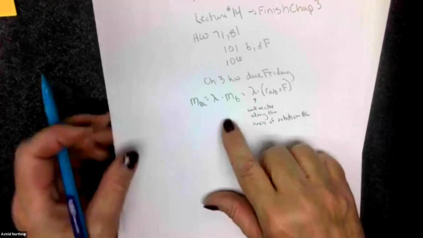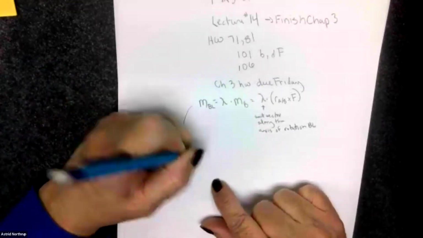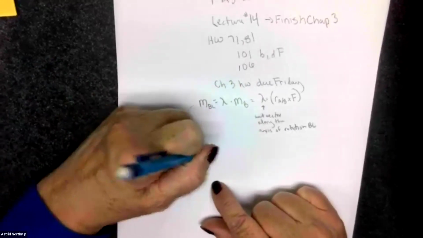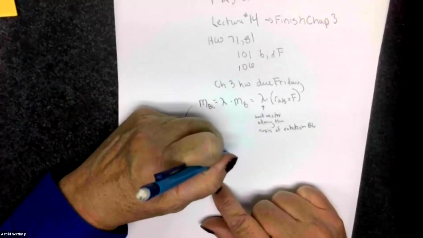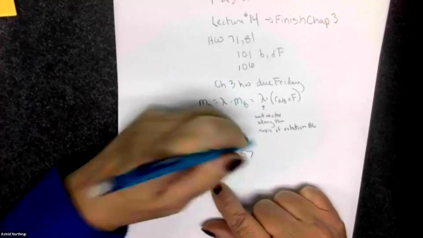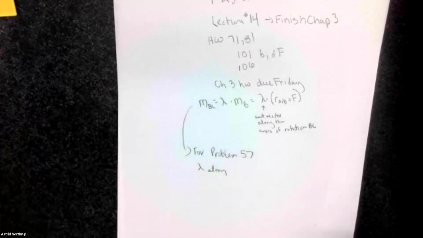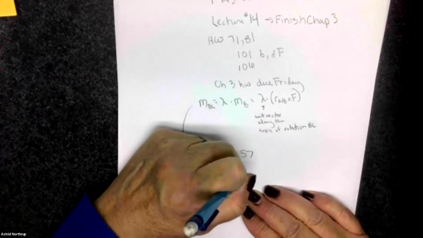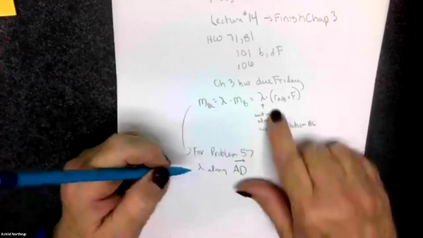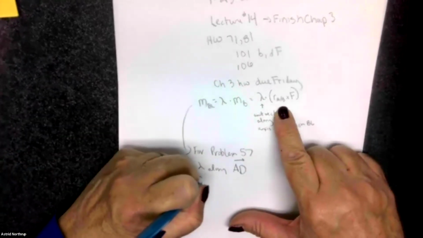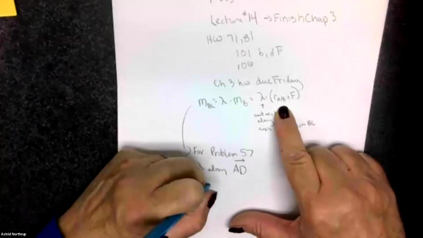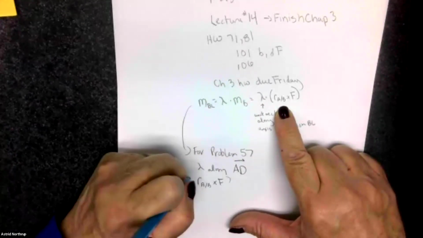All right, so in this case, for problem 57, we need lambda along the diagonal, which is AD, okay, to begin with. Then my moment arm, let's just do it the way they do it too. We'll just take a look at this.